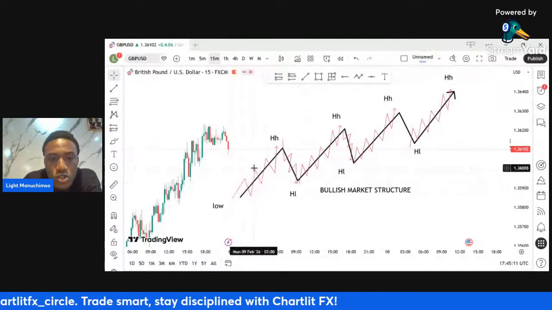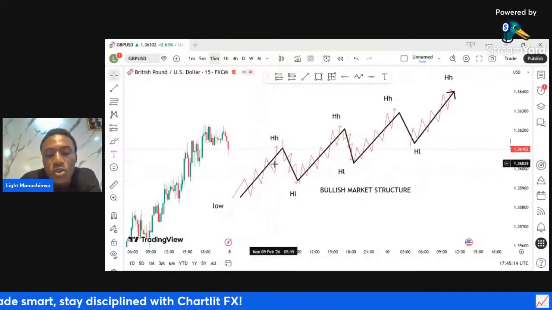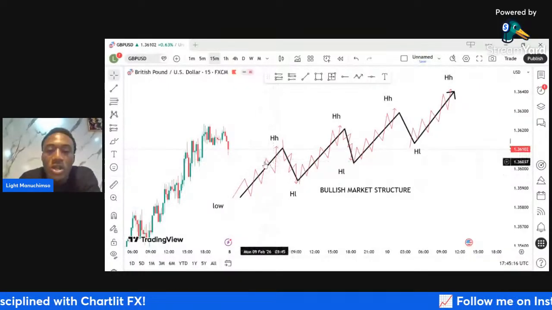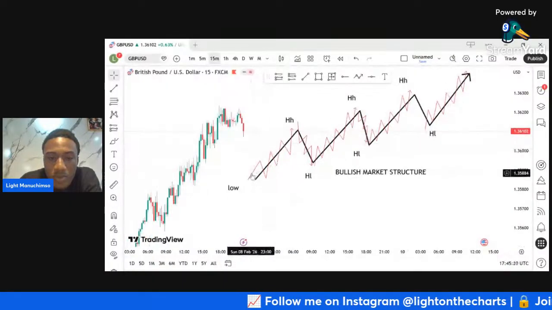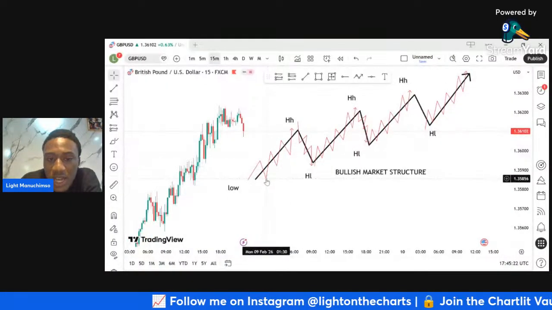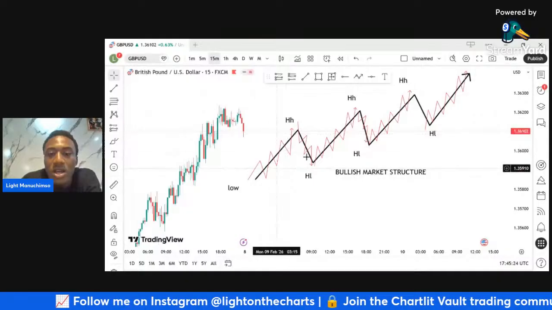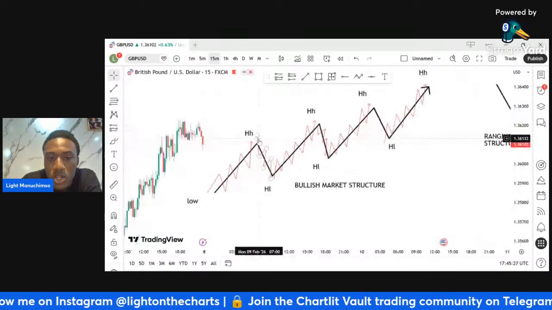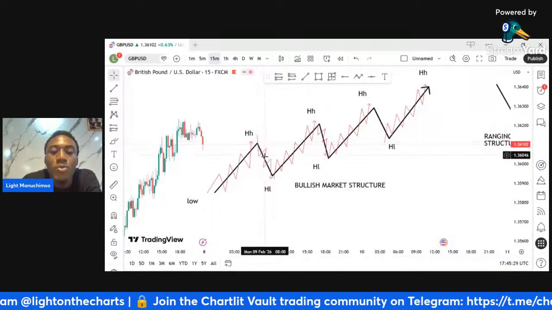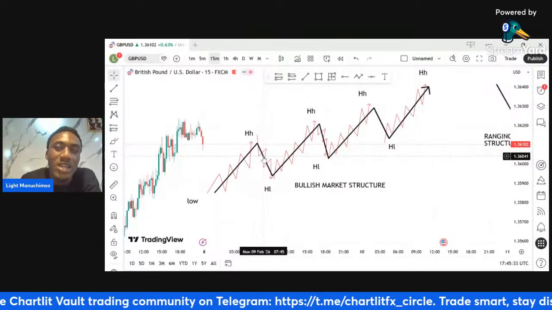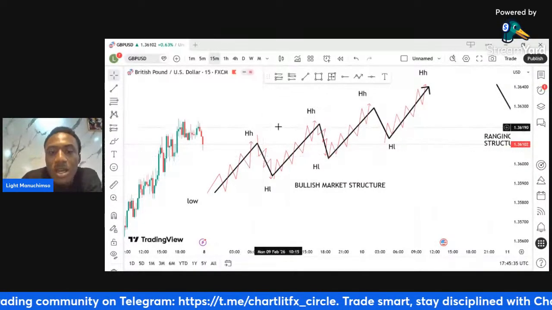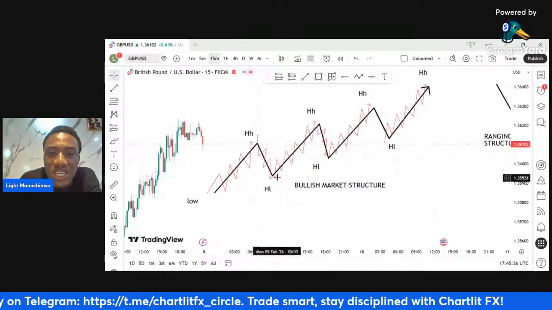This is another market structure inside the impulse move. Don't worry, I'll take us to the chart so we get to understand what I'm talking about better. Now it creates a high, creates a higher low, creates another high inside of this impulse move. And then when it drops, this impulse move becomes a mini downtrend inside a bullish trend, inside an uptrend, before the uptrend continues again.